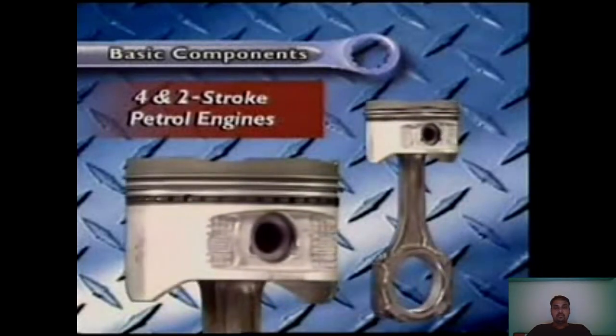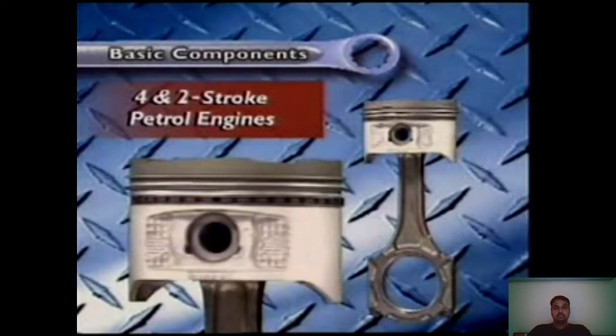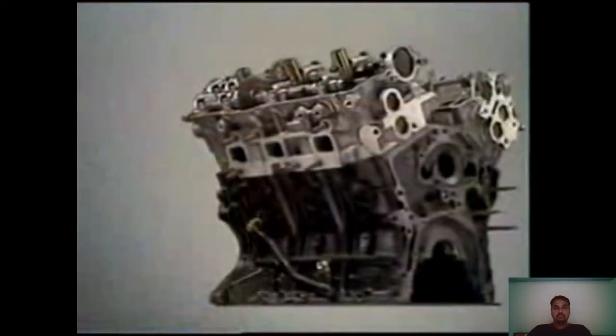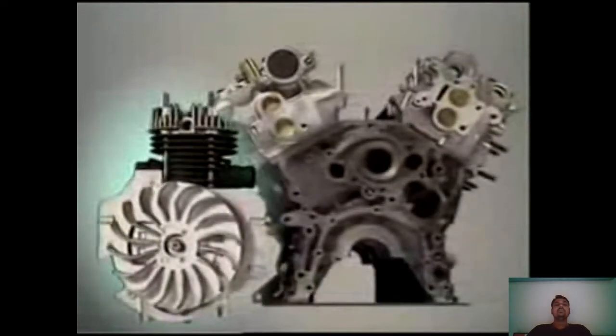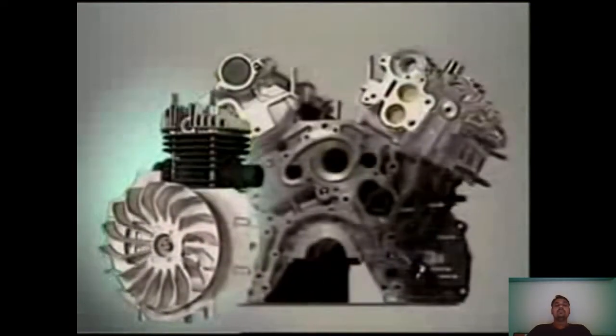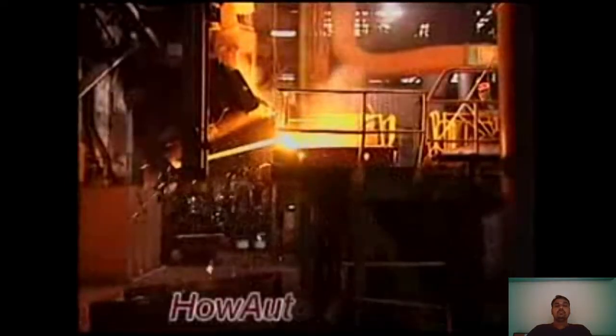This section looks at major components of the 4-stroke and 2-stroke petrol engine. Because they operate on similar principles, many of their components are similar too. For example, their engine blocks both operate under working conditions of very high pressures and temperatures.